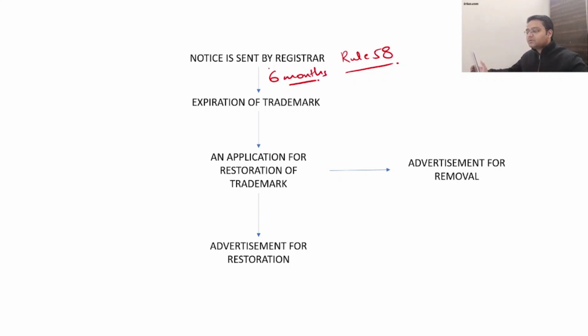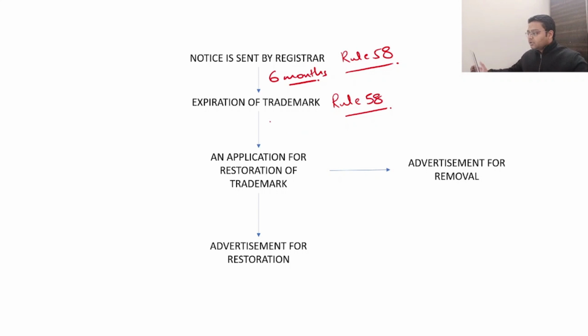This notice will not be sent if you have already applied for the renewal of the trademark. But if you have not applied, then 6 months prior to the expiry of the trademark, a notice will be sent by the Registrar to the proprietor to intimate him about the oncoming expiration date. This notice is again under Rule 58.